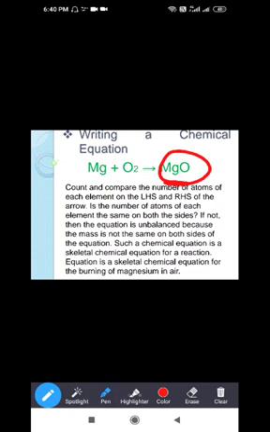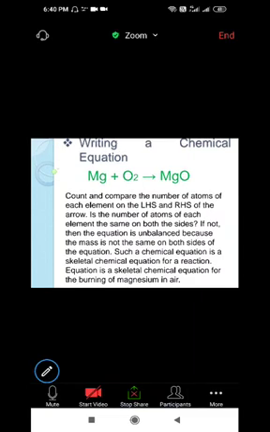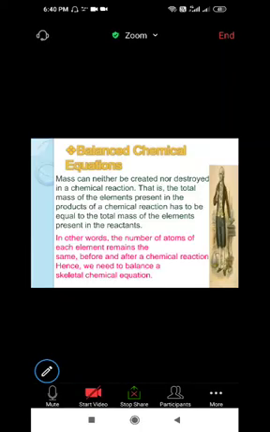Magnesium oxide. Am I clear? Okay, so this is the simplest form of writing the chemical equation, right? I hope this is clear to everyone.